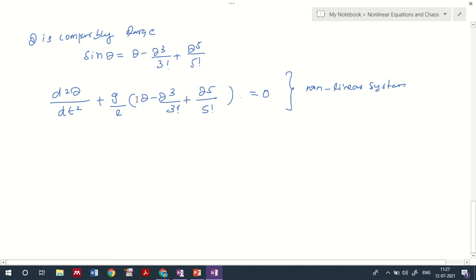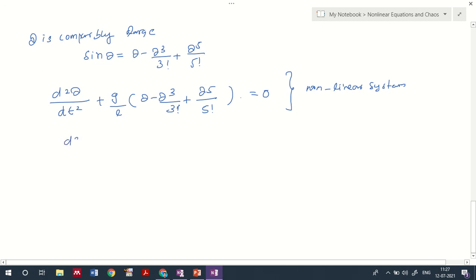When you examine this equation, it has a dependency on theta here, varying with respect to theta, but here it also varies in terms of theta cube and theta raised to 5. If it is simply g by l theta, then it is a linear equation.